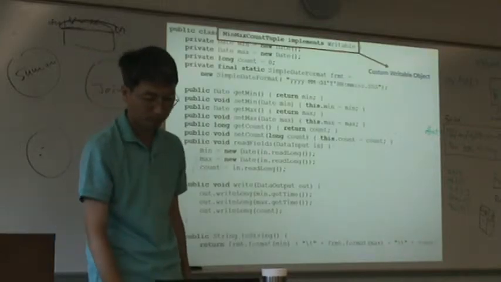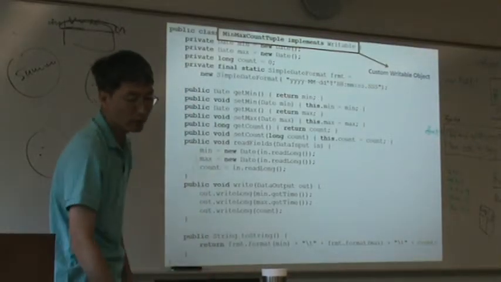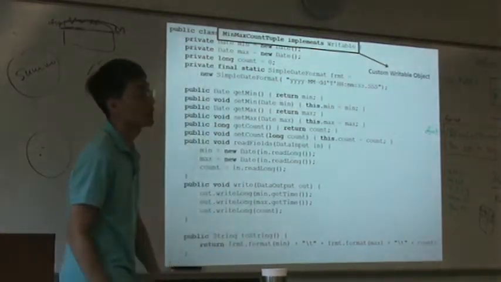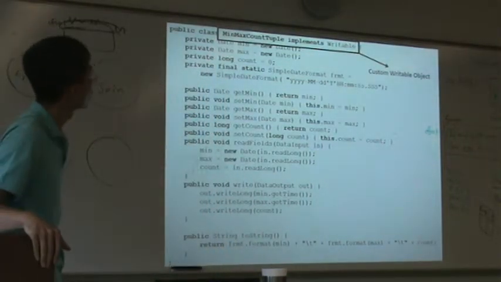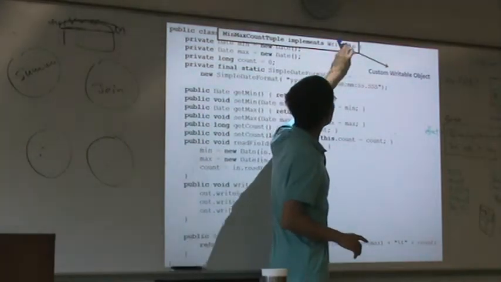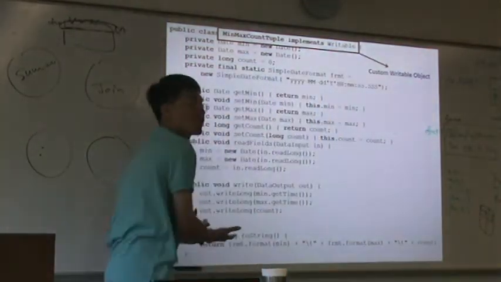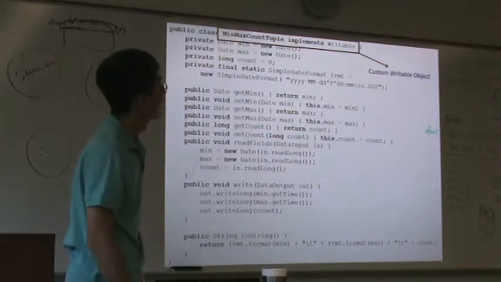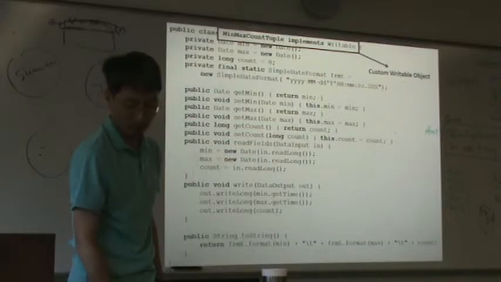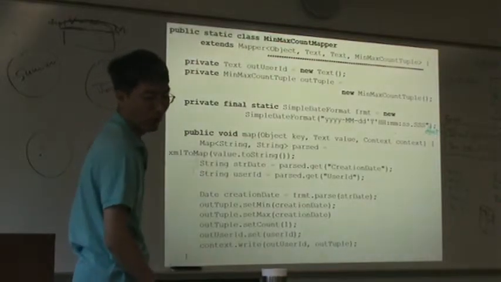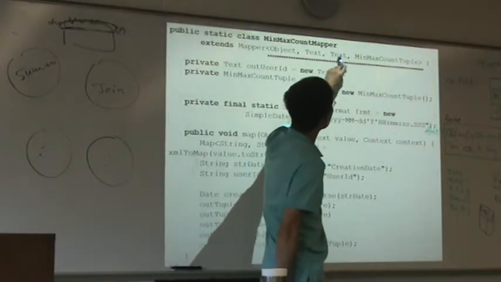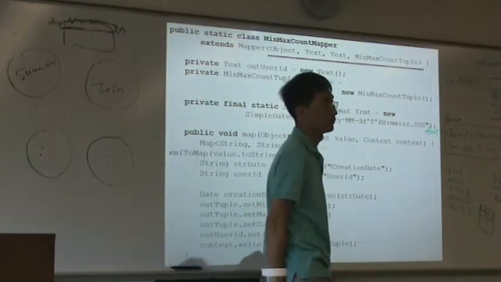Using this one, we write the min-max count tuple, which means the record for a user, something like that. This one is a customized data type. Okay, this is actually the mapper. Mapper takes object and text, min-max count tuple.